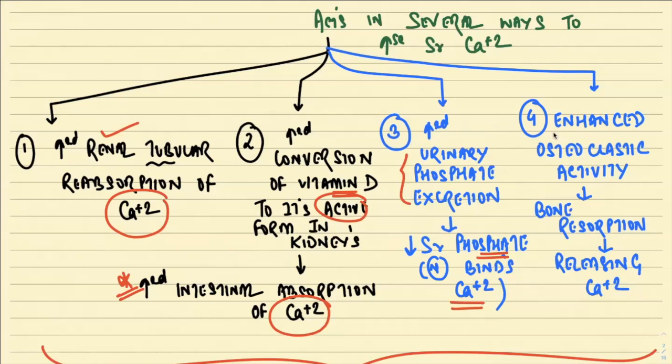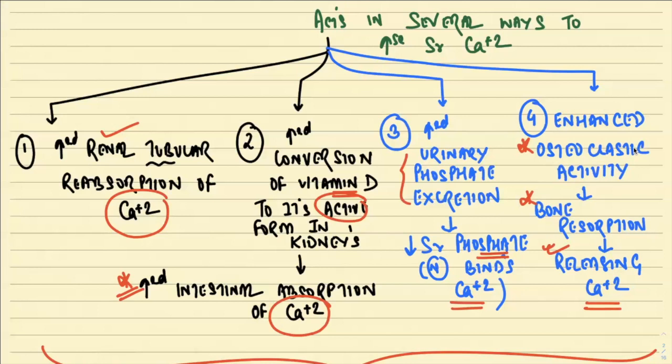And fourthly, very important, there is enhanced osteoclastic activity. The parathormone enhances the osteoclastic activity, which increases bone resorption and calcium mobilization from the bone. A basic concept here is that the parathormone stimulates the RANK ligand present on the osteoblast.